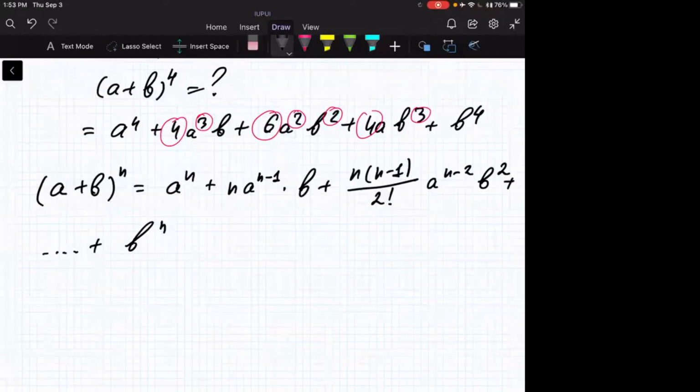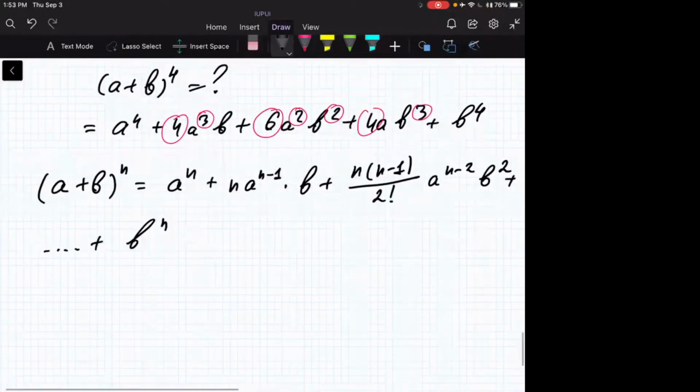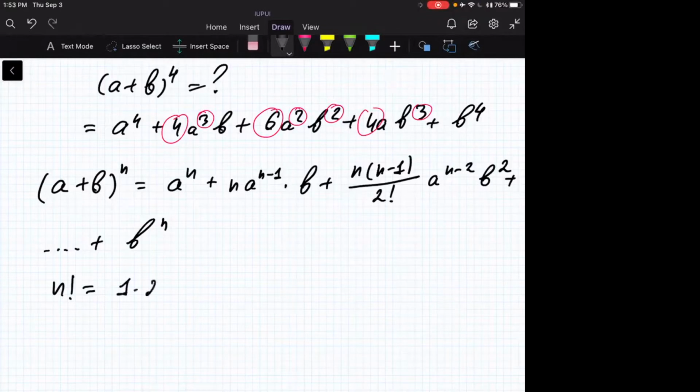So this is factorial, if you forgot, and factorial is equal to the product of consecutive numbers up to n. So it's 1 times 2 times 3 times so on times n.